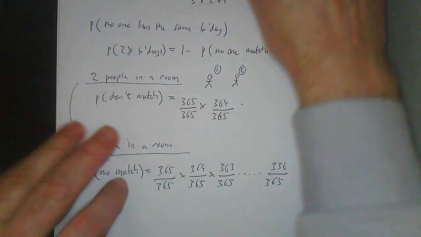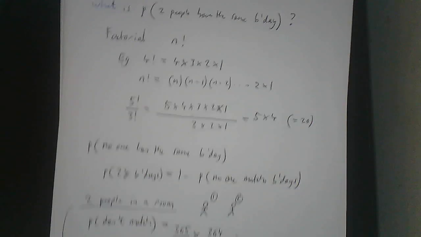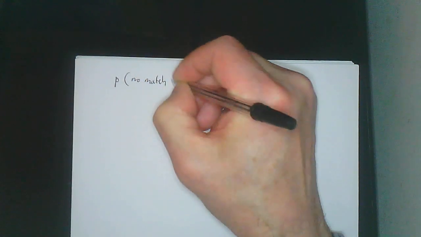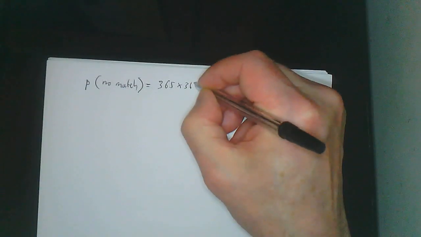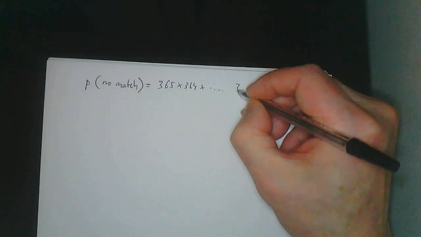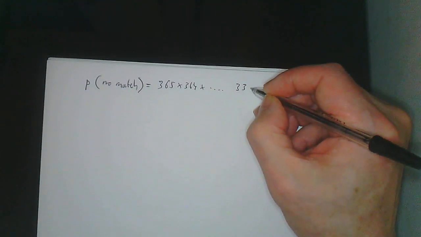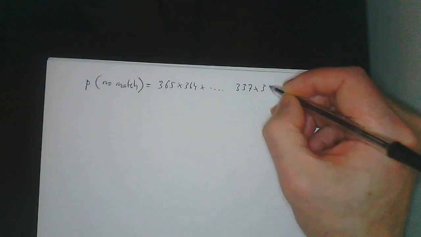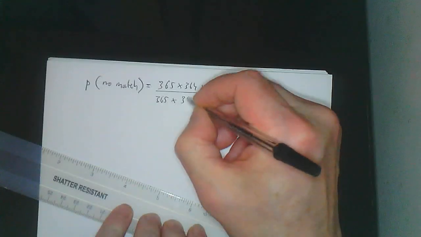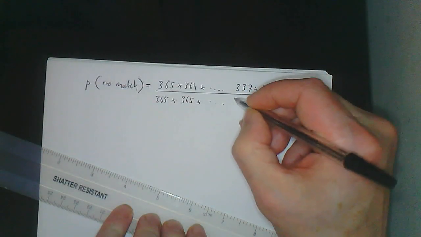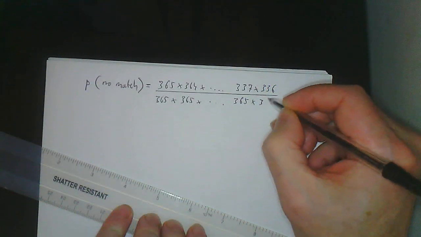So let's rewrite it. The probability of no match equals, on the top, 365 times 364 times dot dot dot down to 337 times 336, and that is all over 365 times 365 times dot dot dot 365 times 365.